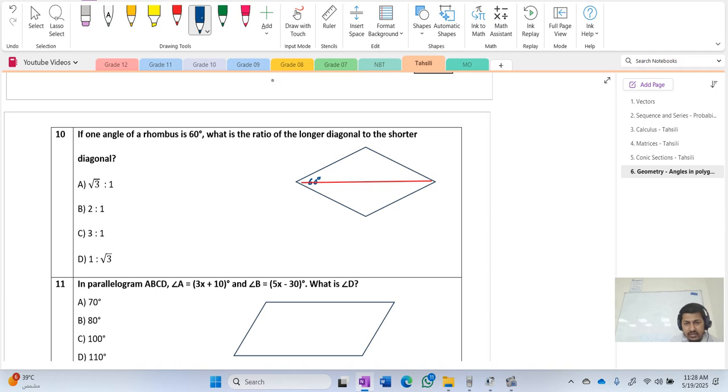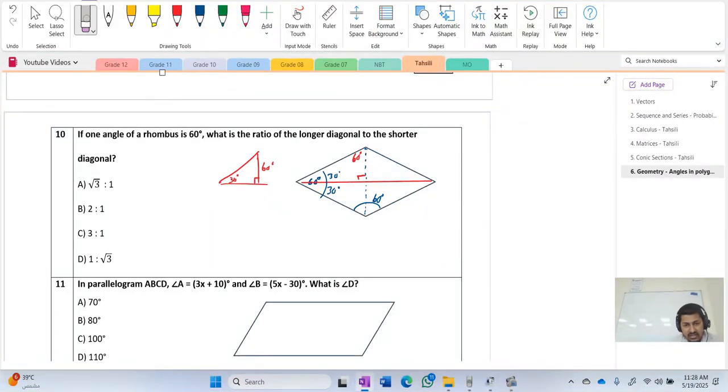Taking an alternative angle, that will also be 60. So we are working with a right angle triangle here, a 30, 60, 90 triangle. We have 30 here, 60 there, and 90 here. Let's consider this to be the longer diagonal, and that's the shorter diagonal. Remember, sine of 30 is half, so we're using trigonometry, and this is root 3.